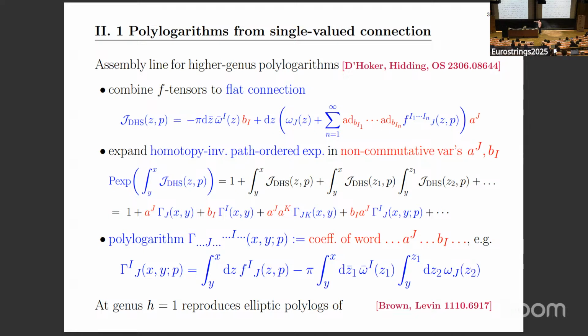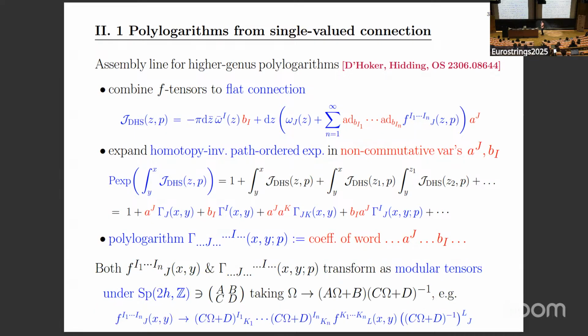So here's an example along with a two-letter word, and typically you mix integrals with different numbers of iterations, coming from the fact that flatness arises from both the dJ and the J wedge J term. So connoisseurs of the Brown-Levin elliptic polylogs from genus 1 will recognize this object here.